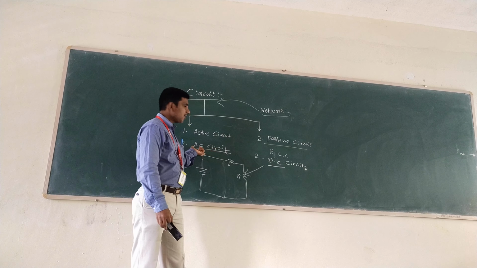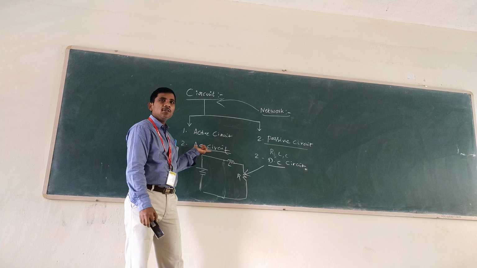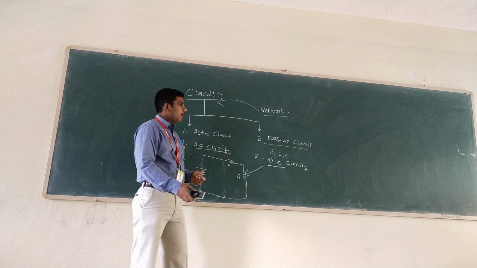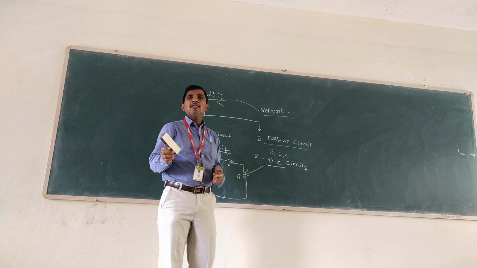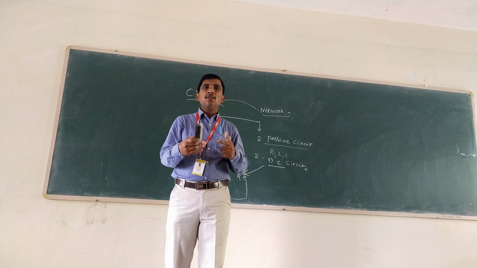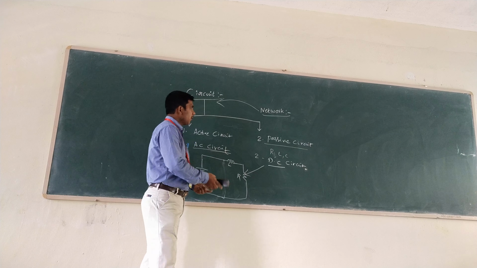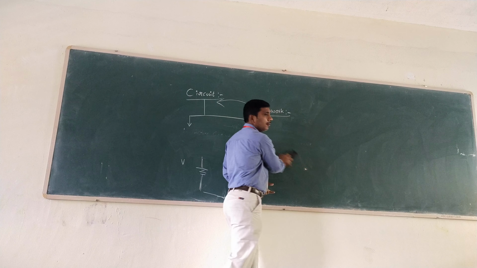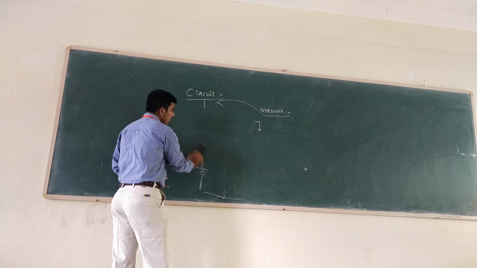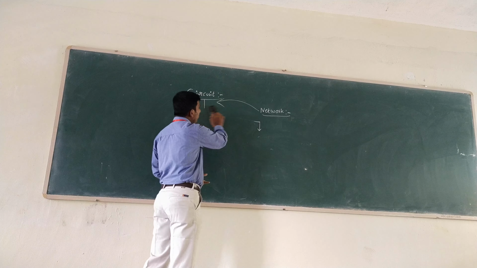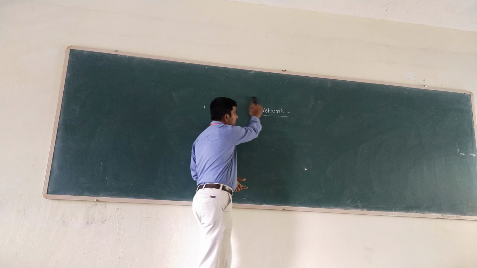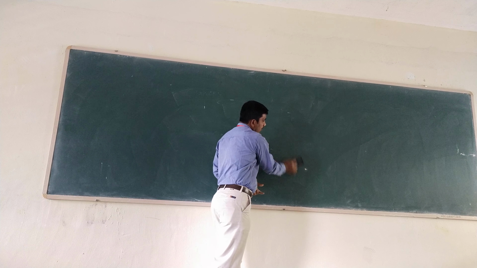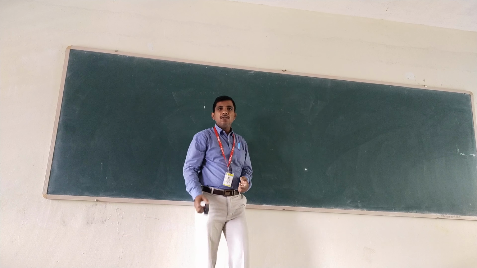Not only that, the circuit may be classified again as AC circuit and DC circuit. Now we go to what we discussed previously, that is R equivalent. Based on that, some numerical problems will be there. I understand this: what is active, what is passive. First we know what is a passive element and what is an active element. After that a circuit. After that an equivalent resistance.